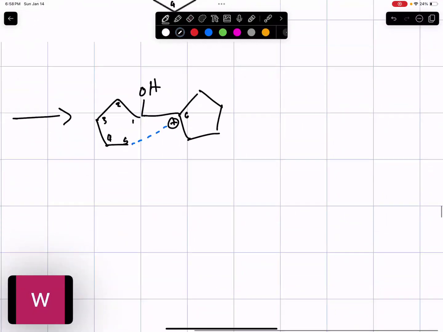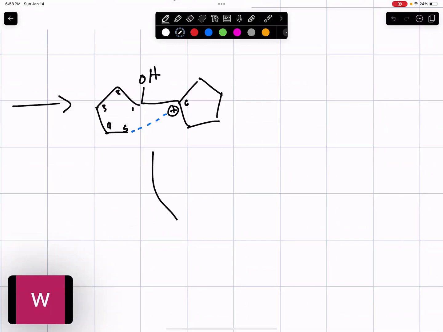So let me draw that real quick. So this would be a rearrangement step, right? And let me draw this bond in blue. So that's 1, 2, 3, 4, 5, 6. But that carbon 6 is the one from the pentane ring, right? And we still have this hydroxyl group.